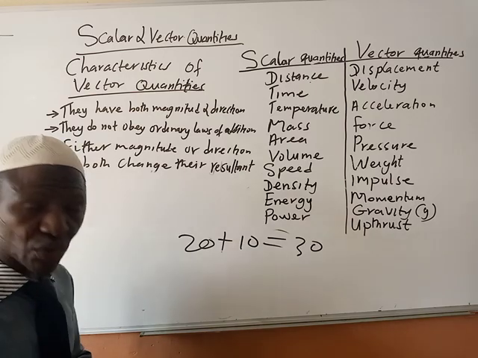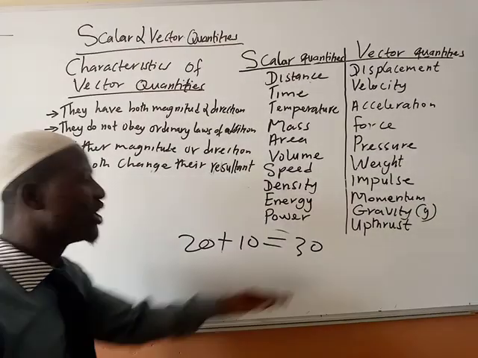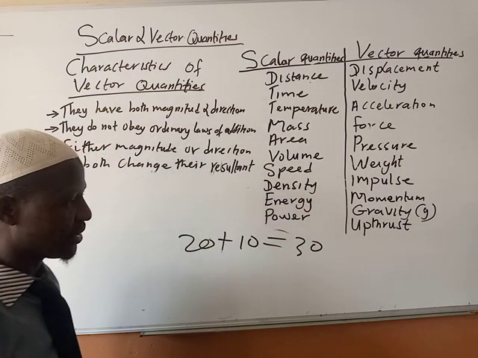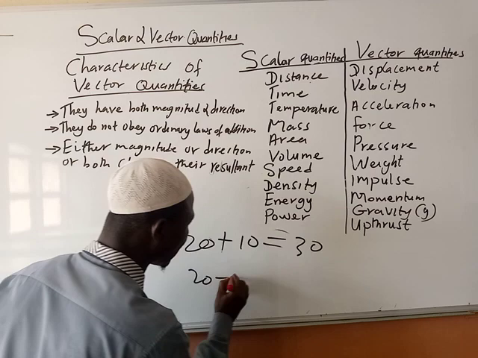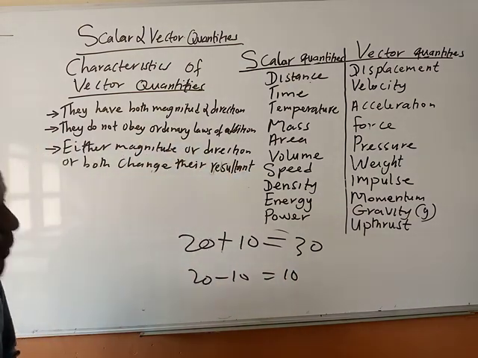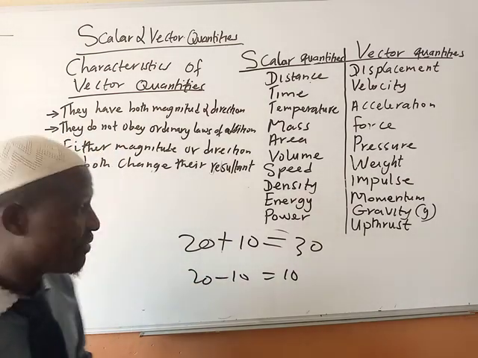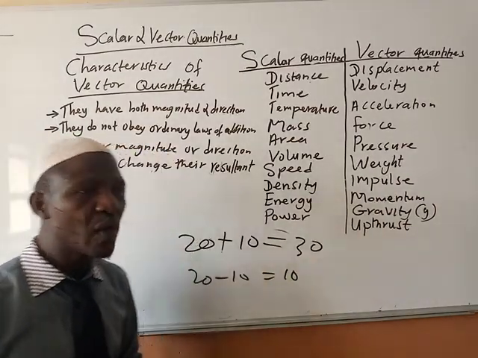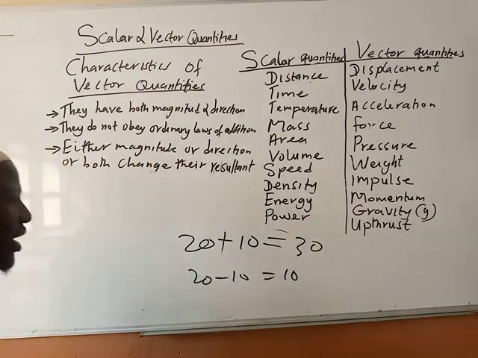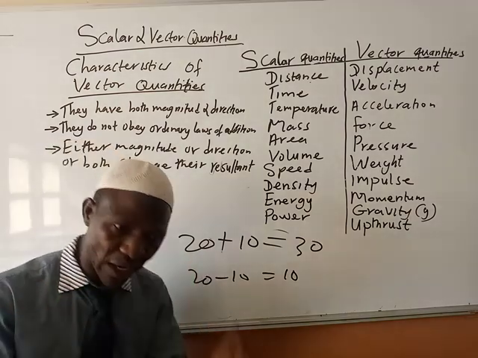If the two vectors are parallel to each other and they act in the same direction, they are going to give you 30. But if they act in opposite direction, the result will be what? 20 minus 10, which is 10. But if they are perpendicular to each other, then they will give you another thing. If they act at a certain angle, like 60 degrees or 30 degrees, you still get another thing. You use cosine rule. If they are perpendicular, you use Pythagoras theorem.